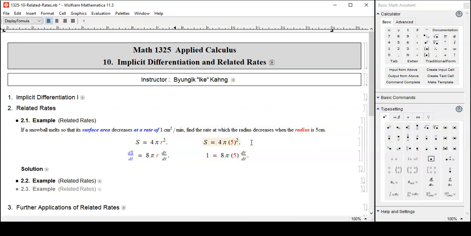First, I just plug in r equals 5. Second, I just plug in r equals 5. And what we want to find is the rate of change of the radius. So the rate of change of the radius, what is it? It's a derivative, it's dr dt, and that's the quantity I have to find out.